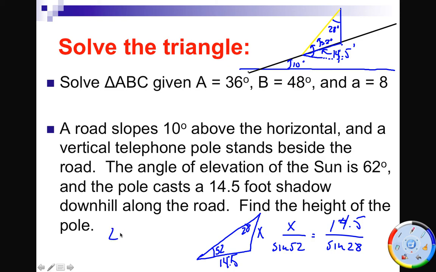So that means the pole is 24.34 feet high or tall. Now, honestly, the math wasn't hard. Drawing the picture was the hard part. They're probably not all going to be this challenging. So I really do want you guys to try to draw the pictures if they don't give you a picture already. Now this particular textbook likes to draw the pictures for you, which is good and bad at the same time.